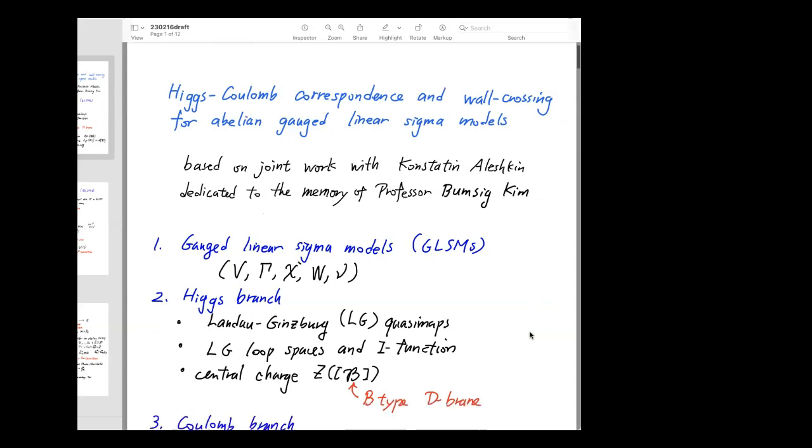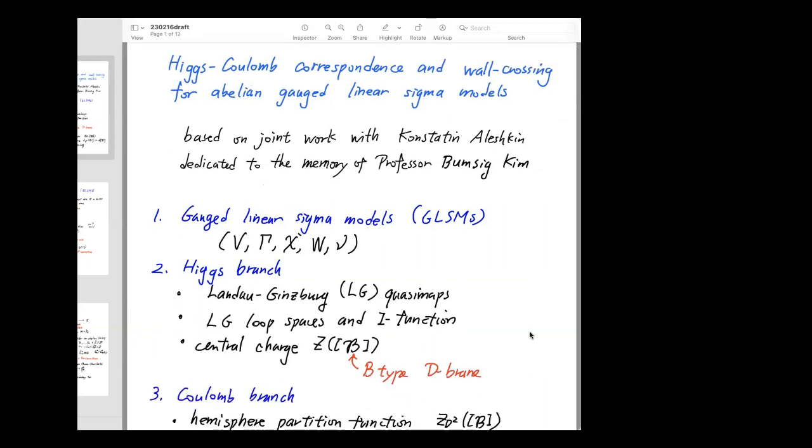So here is the plan. The first part, thanks to David, I will briefly review gauge linear sigma models in the setting of David's lectures, and then by Higgs branch, we mean virtual counts of Landau-Ginzburg quasi-maps.